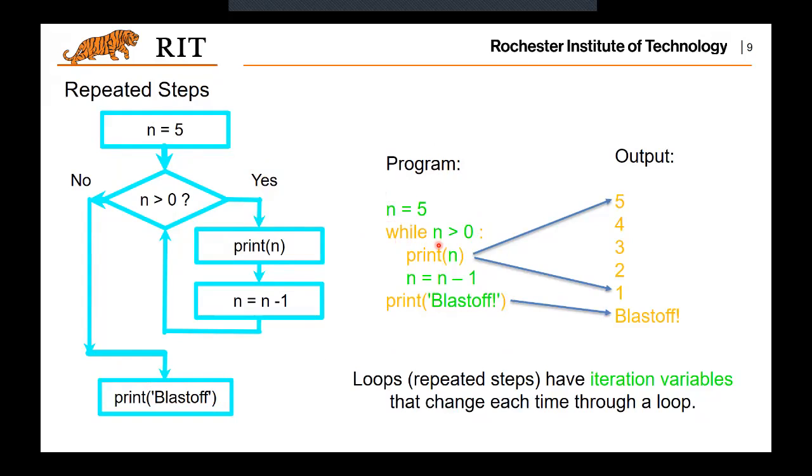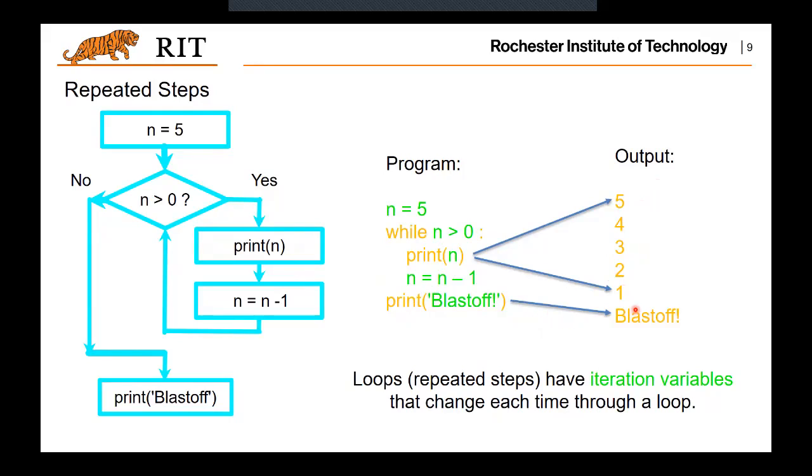So while n is bigger than 0, these two lines of code will be executed. Otherwise, print this. You basically need to understand the logic of the code like this. So the output will be 5, of course, 4, 3, 2, 1.